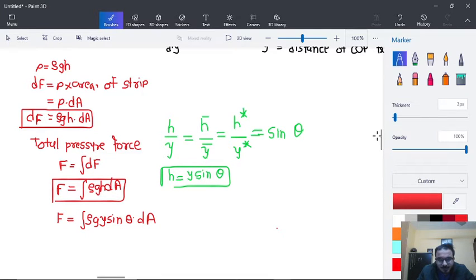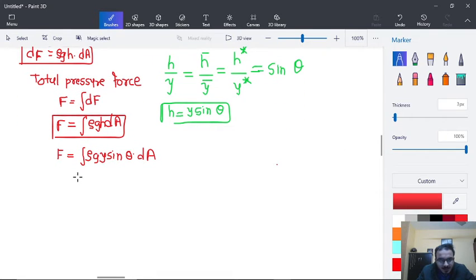So now we can take the constant terms outside, that is equal to rho G sin theta integration Y into dA.